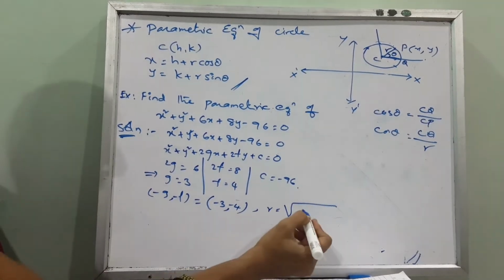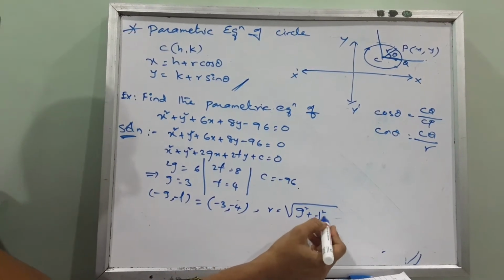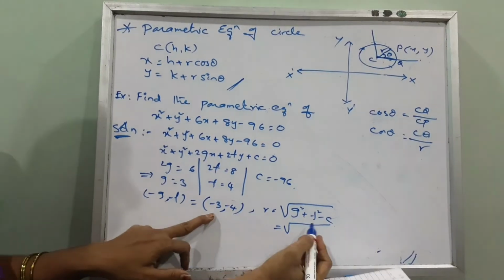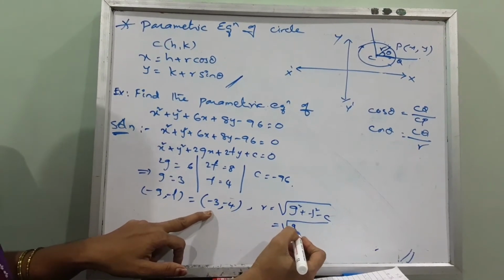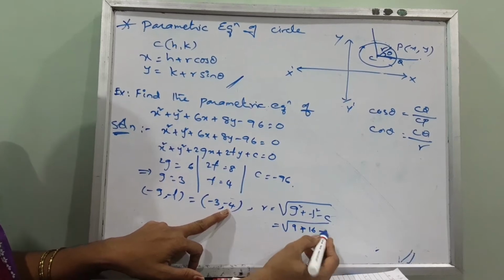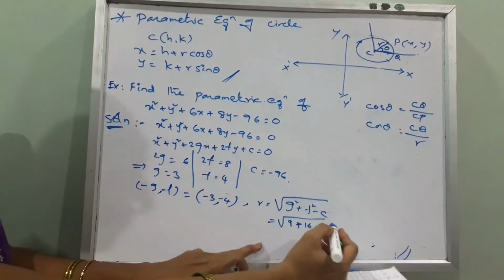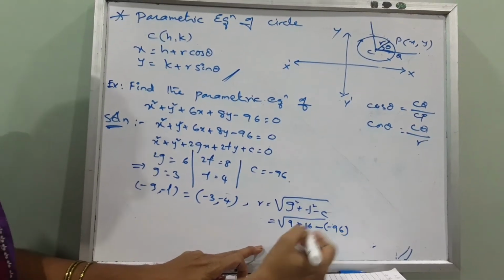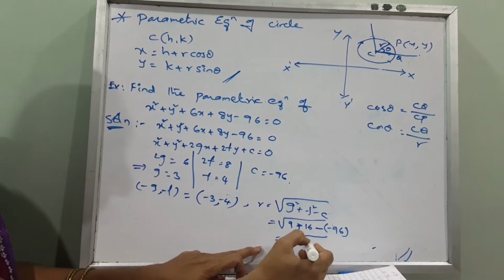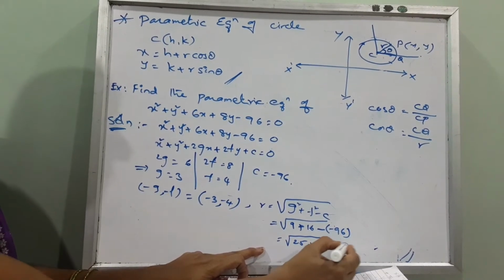And r is equal to root over g square plus f square minus c. G square is minus 3 whole square, which is 9, plus f square, 4 square, 16, minus c, where c is minus 96, which is 9 plus 16, 25, plus 96.